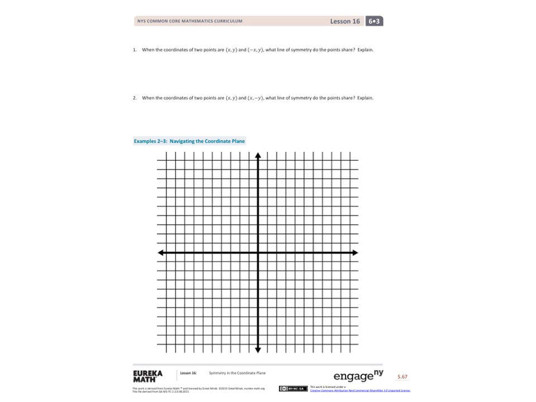The next page says, when the coordinates of 2 points are x, y, and negative x, y, what line of symmetry do the points share? Let us see. I'm trying to think about this.